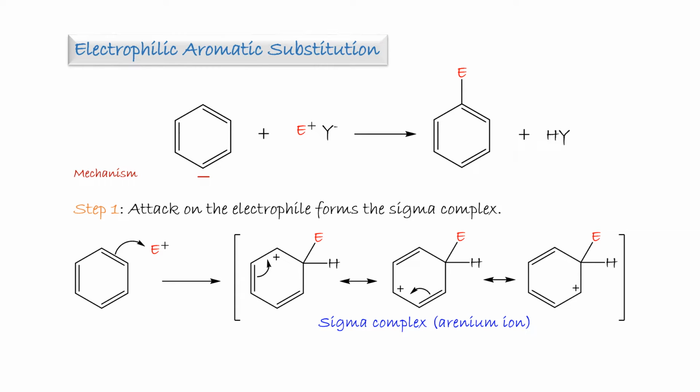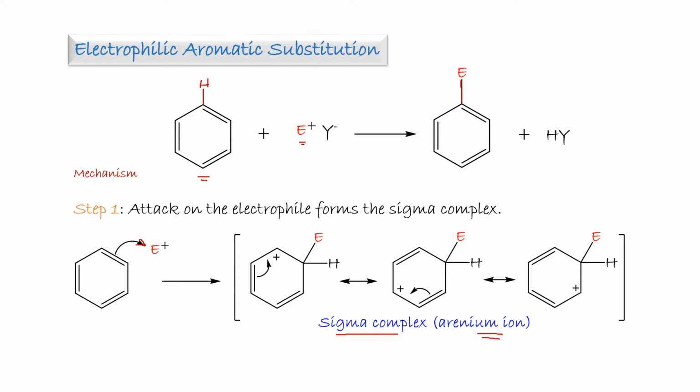Benzene reacts with an electrophilic reagent E plus Y minus to substitute the carbon-hydrogen bond with a carbon-electrophile bond. The first step will be attack of the double bond on the electrophile, forming what we call a sigma complex, an arenium ion.